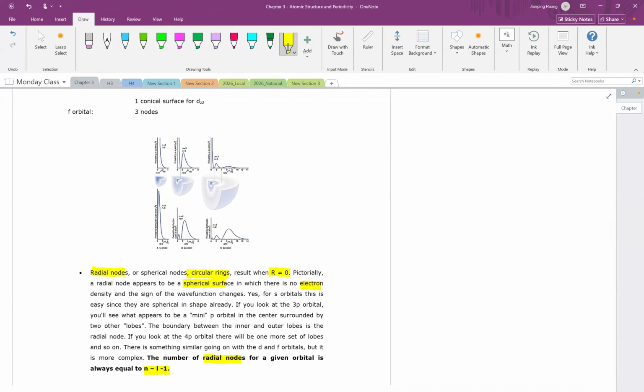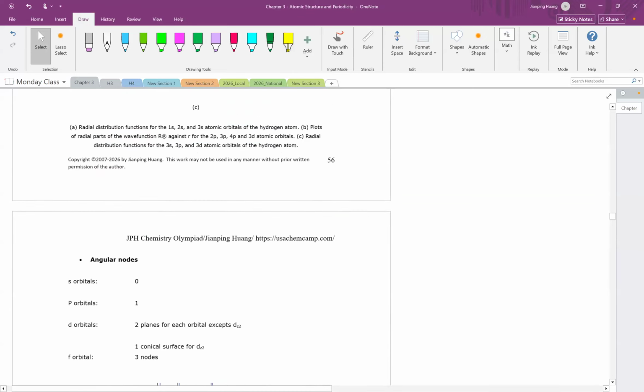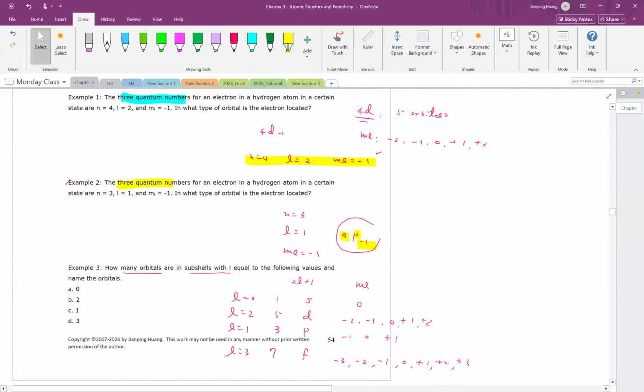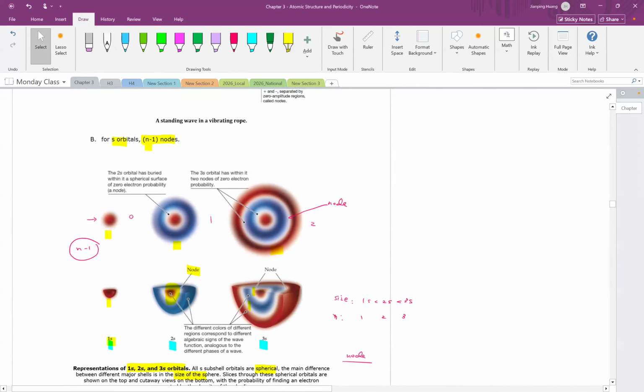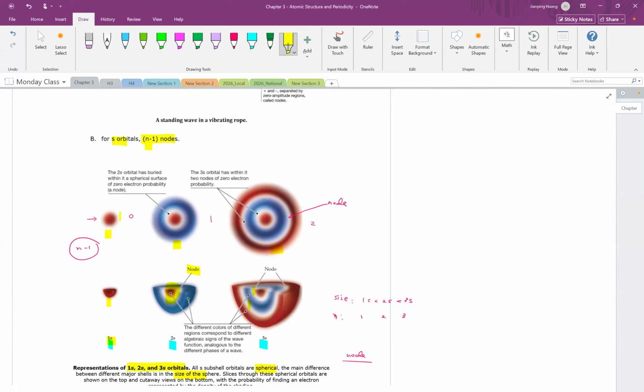Do you remember last time we discussed 1s? When we discussed orbitals, that one is radial nodes. See, this is a sphere. If you cut the sphere, you get a circle, the ring. The radial node is here.